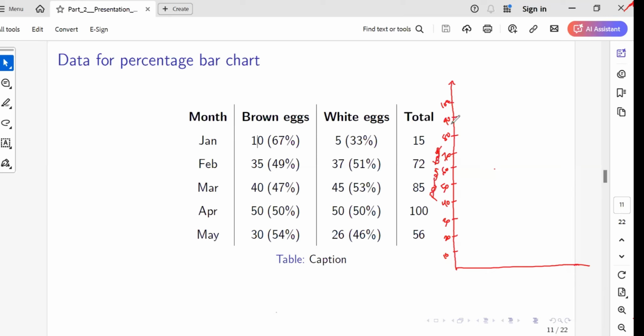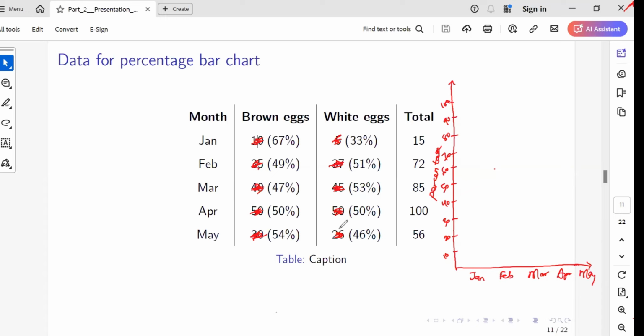Now this is going to be my months. On my x-axis, I have January, February, March, April, and then May. Because of space, things are shortened. Remember I said I'm working with percentages. I'm not going to work with the actual numbers. So my focus is going to be on the percentages.